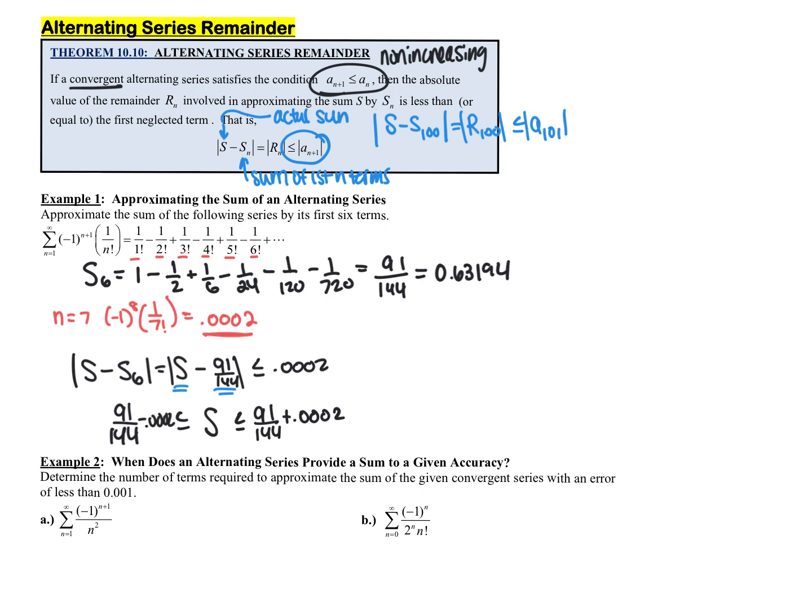And if you do that with the actual values, we will get that our actual sum has to be between 0.63214 and 0.63174. Because the difference between this approximation and the actual sum is going to be less than or equal to 0.002. So we know it has to be within that amount.